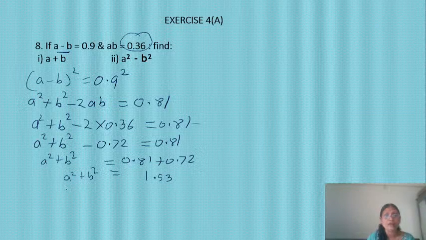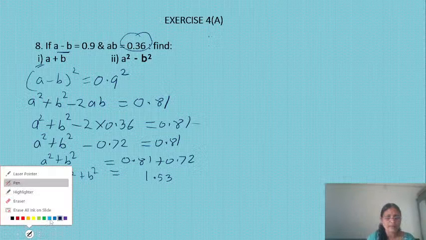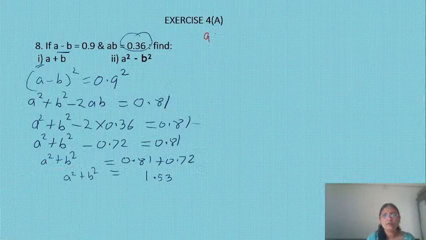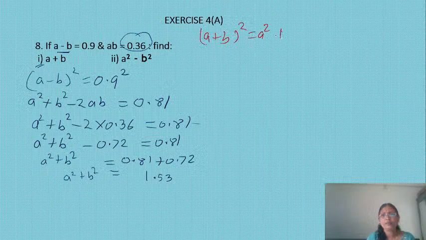We are now going to use this for getting A plus B. So we start expanding A plus B. So we take A plus B the whole square now. Taking A plus B the whole square, expand it. A plus B the whole square is equal to A square plus B square plus 2AB.